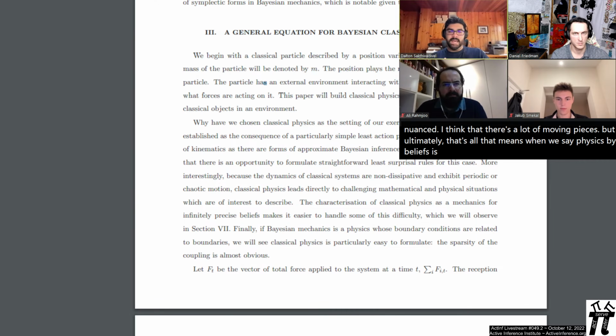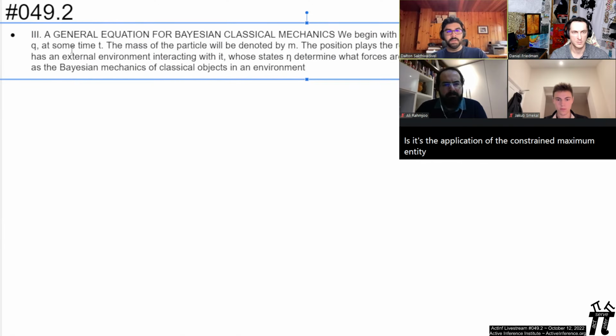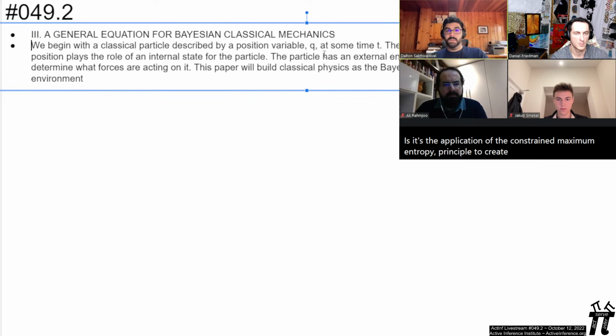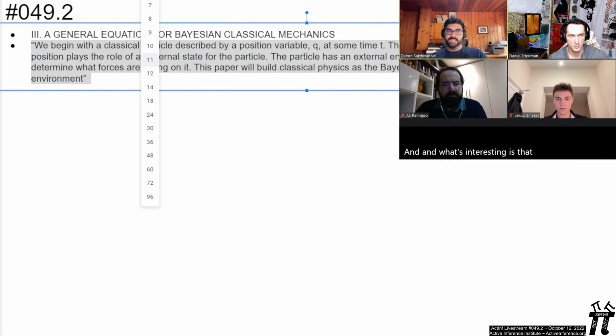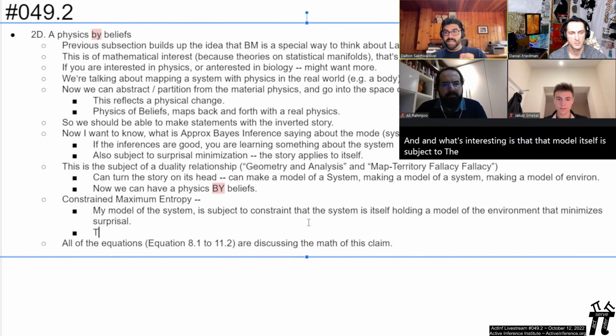It's the application of the constrained maximum entropy principle to create a model of a system which is minimizing its surprisal. And what's interesting is that that model itself is subject to the laws of Bayesian mechanics, because it is a probabilistic belief.